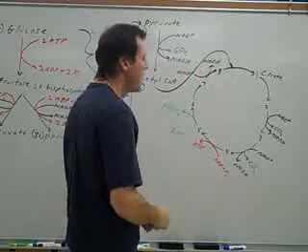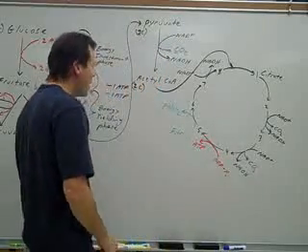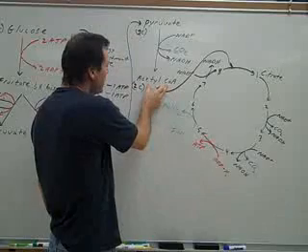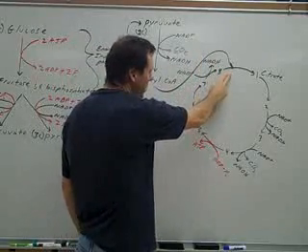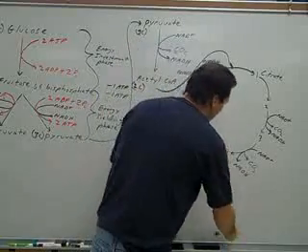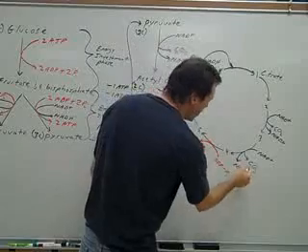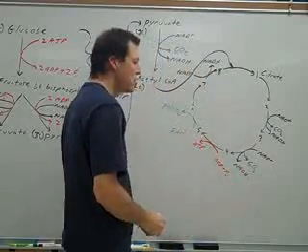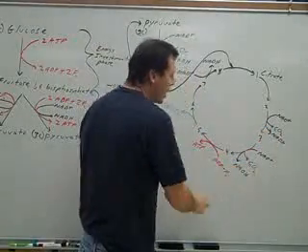However, no carbon dioxide is going to be produced in this step. Now think about this. We have 2 carbons in the form of acetyl-CoA coming into our Krebs cycle. And you can see here we lose a carbon dioxide, so we lost 1 carbon there. Here we lose another carbon dioxide, so we've lost another carbon there. So 2 carbons in, 2 carbons out.